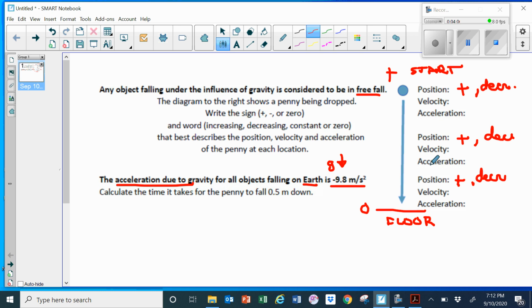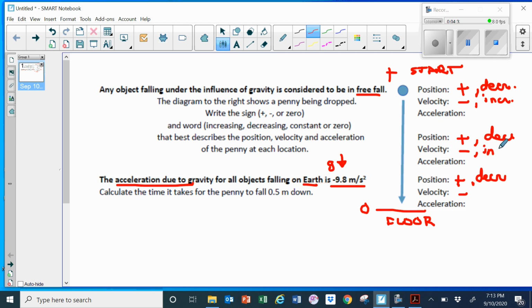So since it's accelerating downward, the velocity has to be negative because it's going in a negative direction, and the velocity is going to be increasing because the penny is accelerating on its fall.